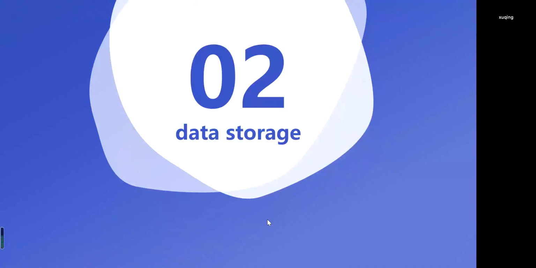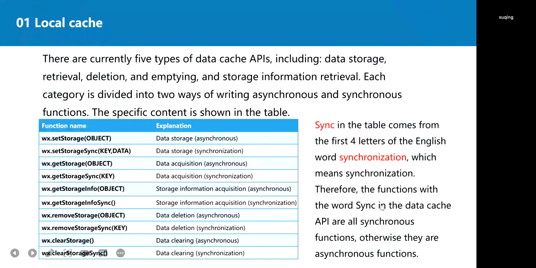So you see these functions with the word sync in the data cache API are all synchronous functions. Otherwise, they are asynchronous functions. We have 5 pairs of functions here, and in each pair, we have a synchronous method and an asynchronous method.